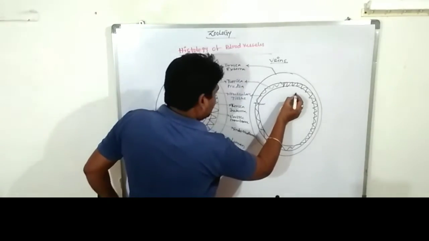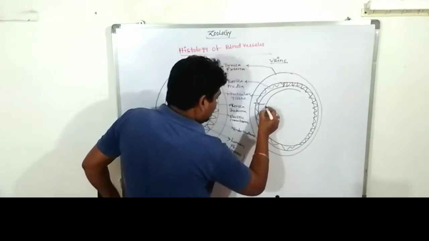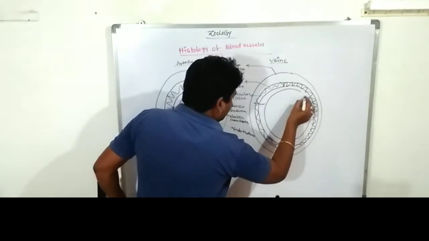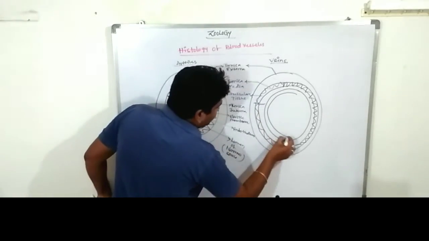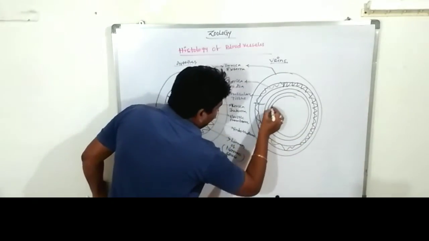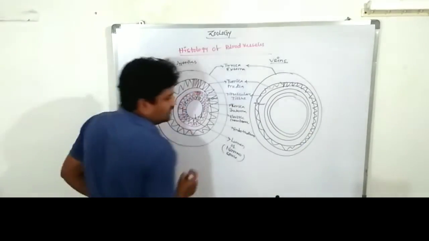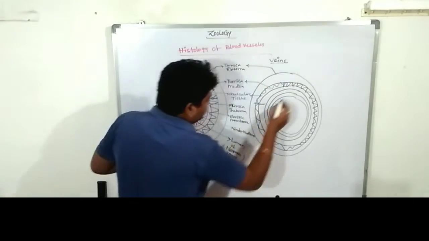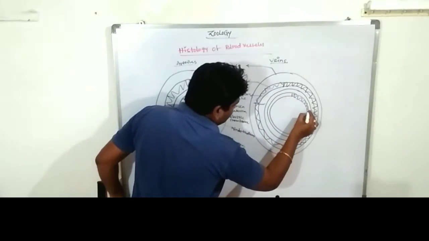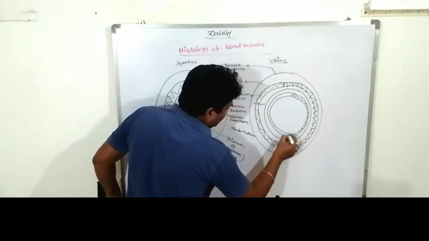The third layer also contains two different types of layers, known as the elastin membrane as well as the endothelium. This is the elastin membrane.